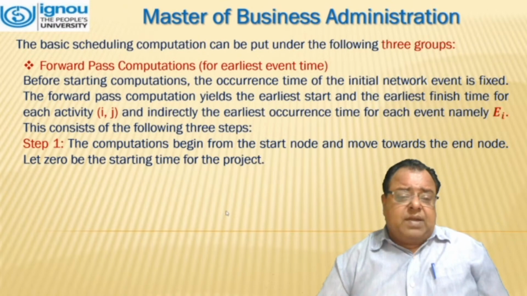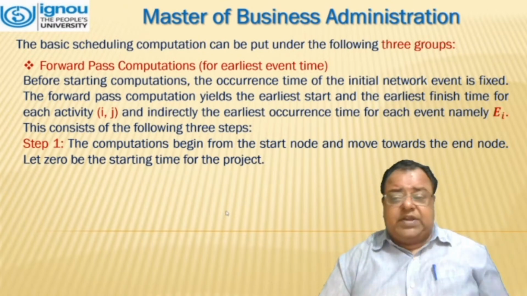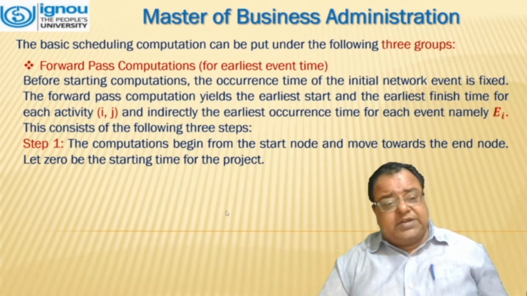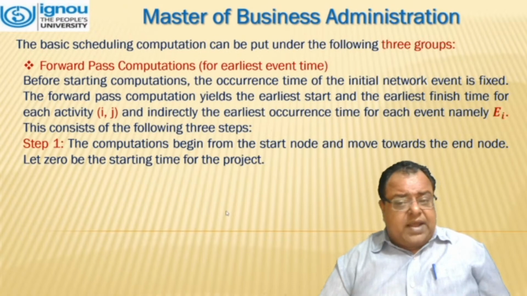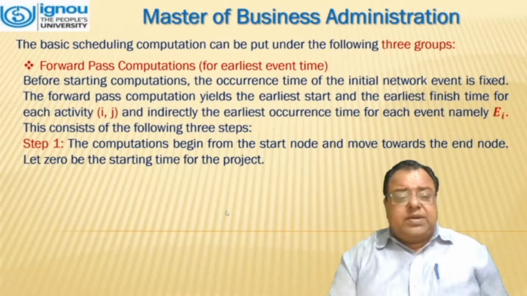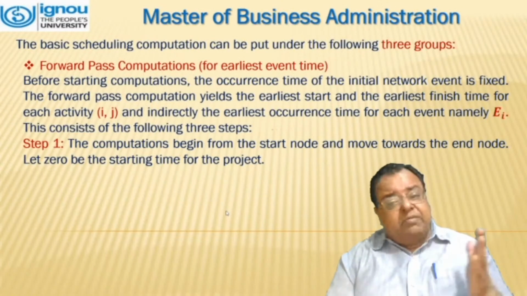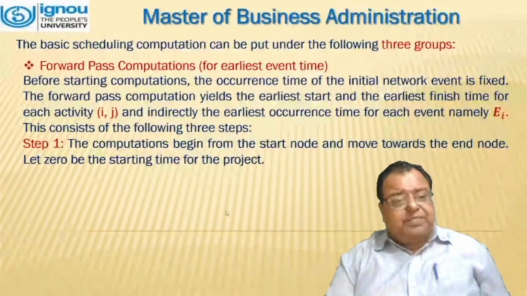The forward pass computation yields the earliest start and the earliest finish time for the activity (i, j), and indirectly the earliest occurrence time for each event. Computation begins from the start node and moves towards the end node. Let 0 be the starting time of the project.